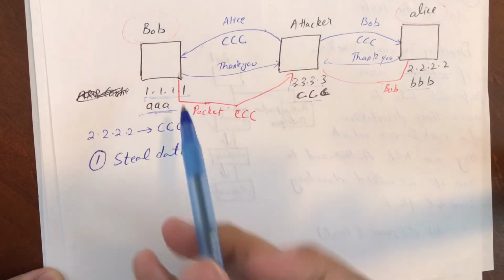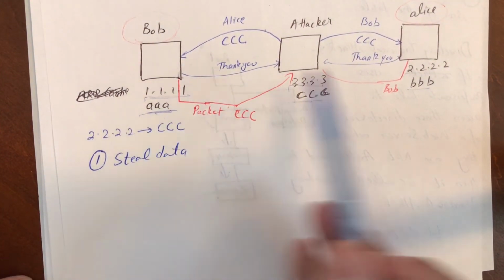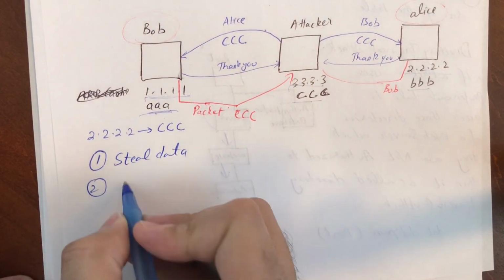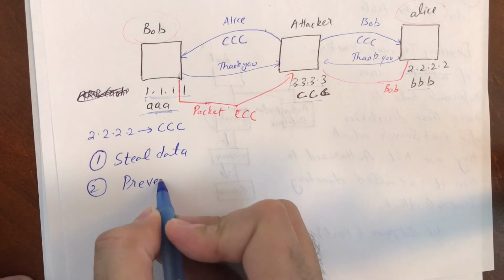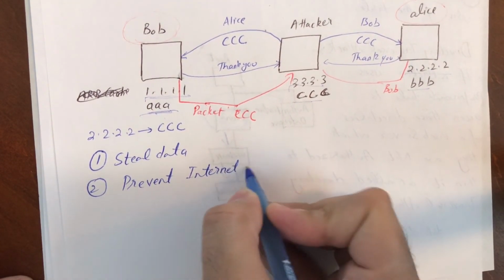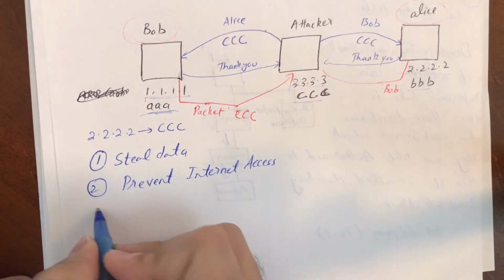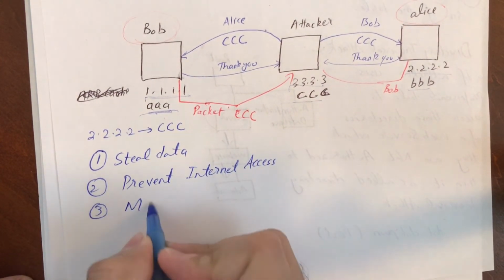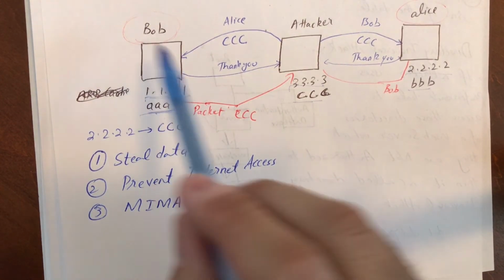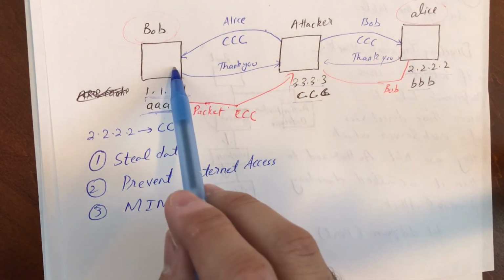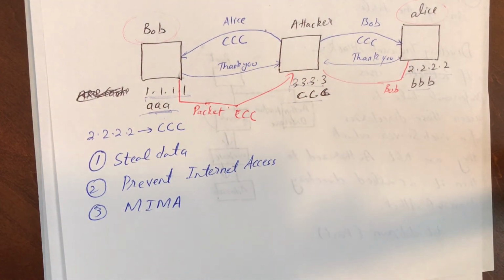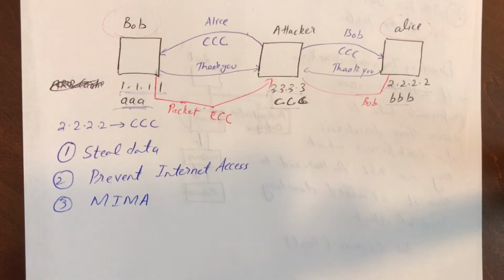Let's say Bob wants to send something to Alice, and the attacker gets it. The attacker can also prevent internet access, carry out a DoS attack, or a man in the middle attack, MITM. Bob wants to send something to Alice. Firstly, the attacker will get that. The attacker can tamper with the data and send it to Alice. This is called the ARP poisoning attack.